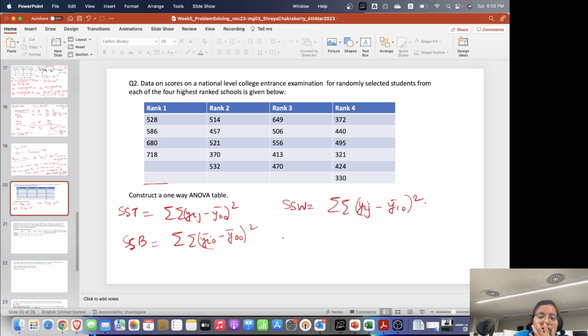Okay, so we'll just write it down. So here, let's say these are the yi naught bars. What is the mean of this one? Can you please find out? 625.5. Okay, what about the next one?